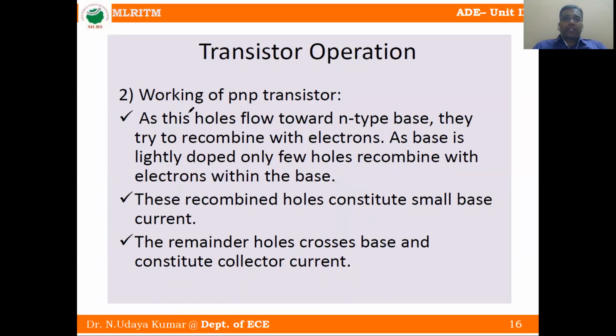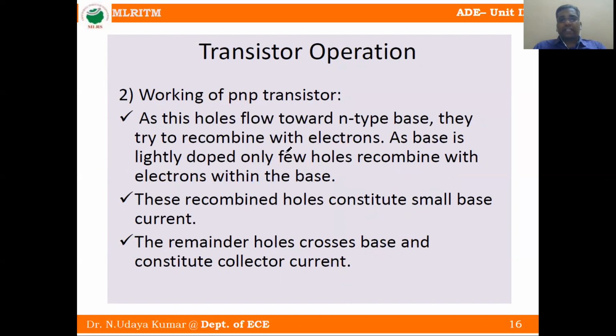So, working of a PNP transistor: the holes flow towards the n-type base, and they try to recombine with electrons. Since the base is lightly doped, only a few holes are recombined with electrons within the base.